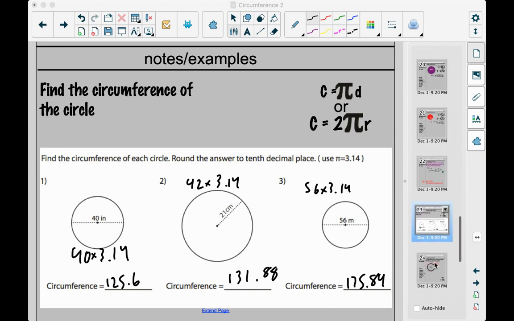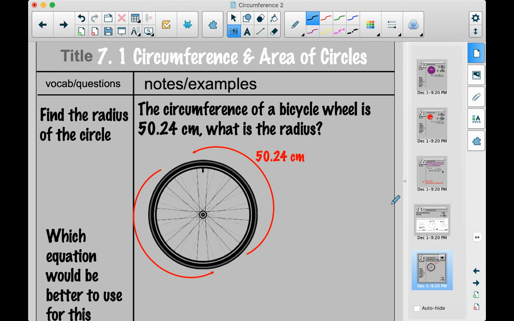Okay. All right, so let's look at a couple other types of questions we could answer given this information. This one, instead of giving us the radius or diameter and having us find the circumference, tells me the circumference is 50.24 and I want to know the radius. Remember, I'm multiplying the diameter times 3.14 to get the circumference.